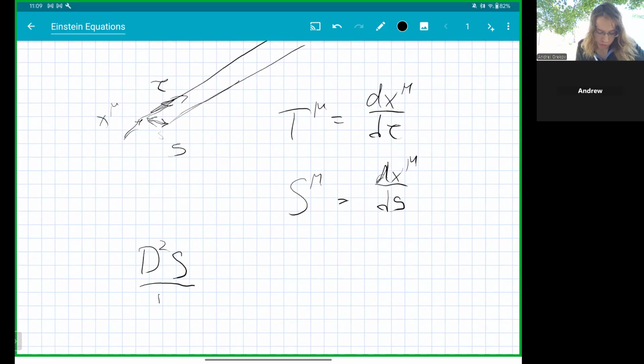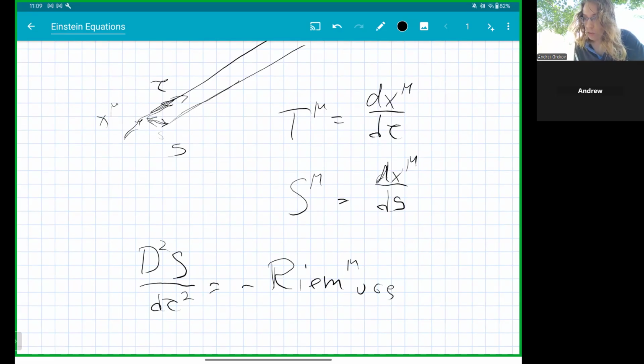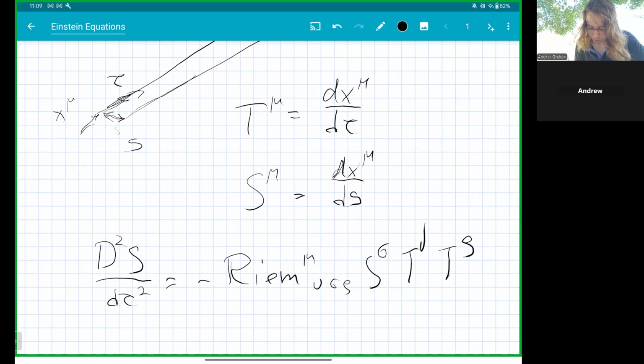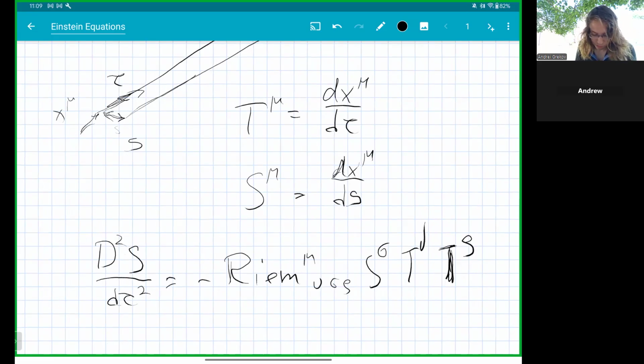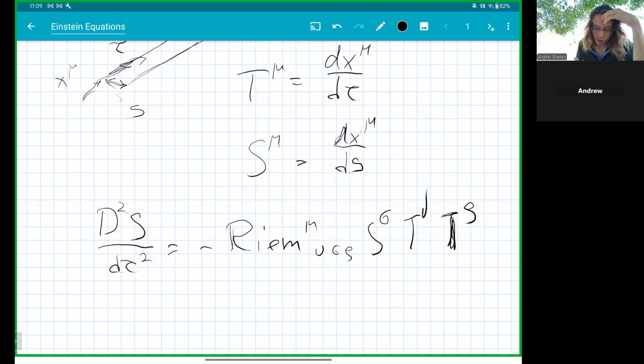Second derivative with respect to proper time is equal to the Riemann tensor, okay, so that's the equation.